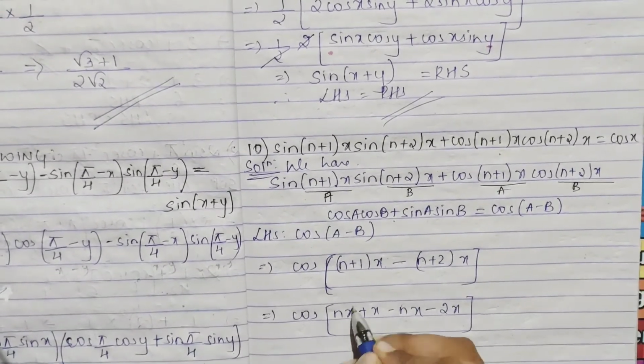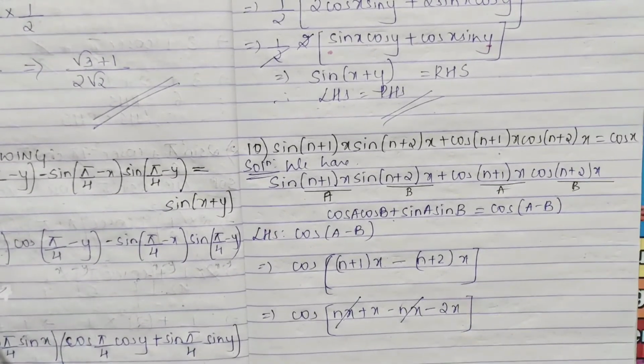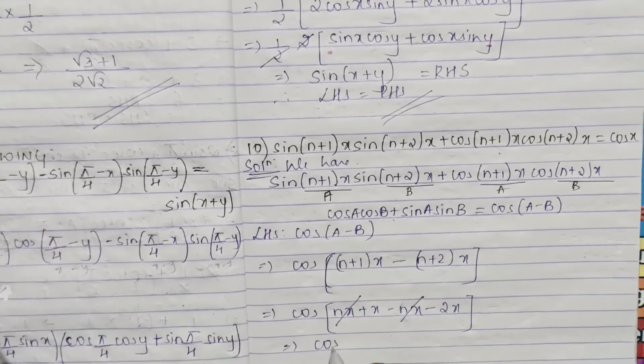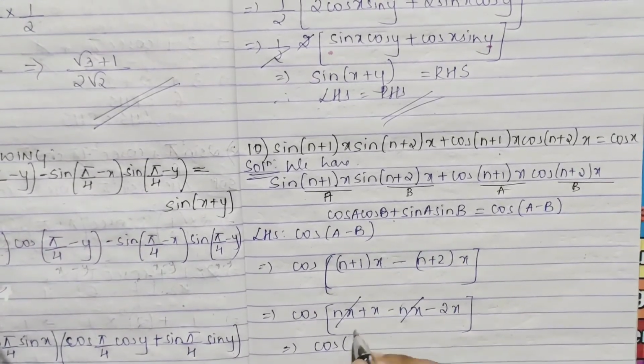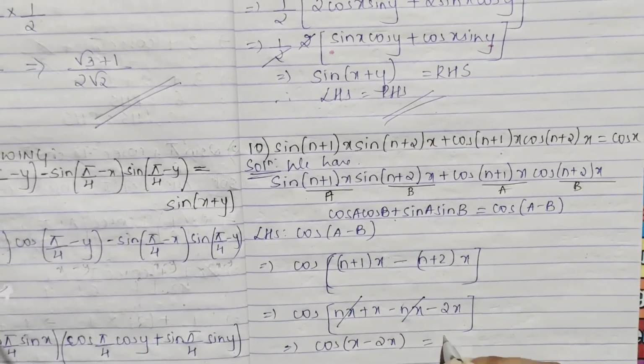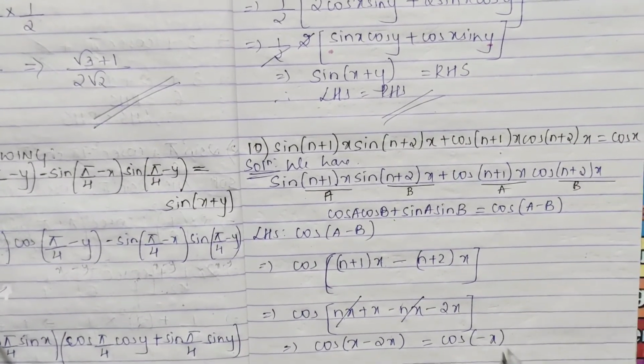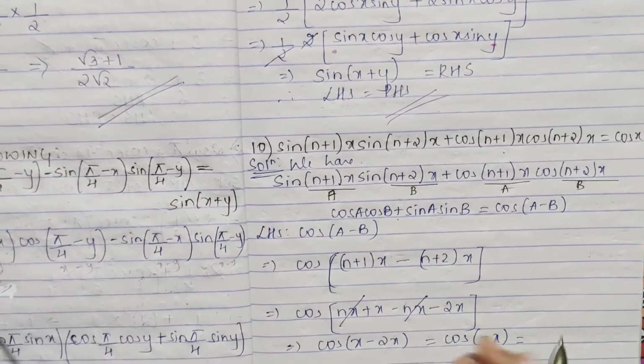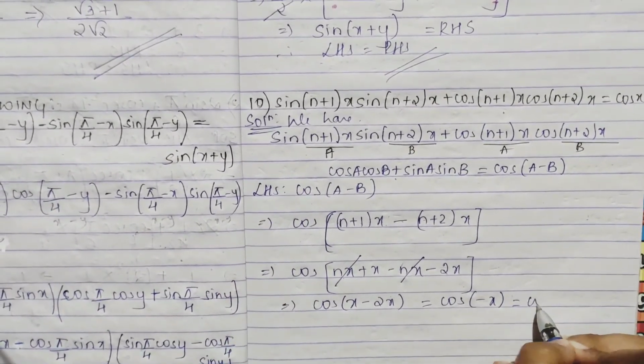So what you get? Plus x, nx minus nx cancels. You will be having cos of x minus 2x, right? You get x minus 2x, and this is equal to cos of minus x. And you know that cos minus x is cos x.